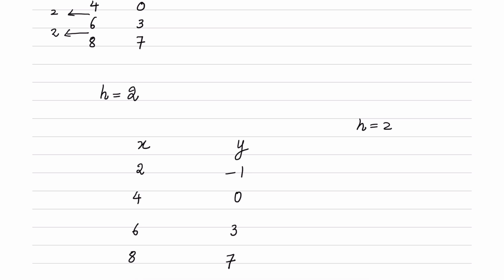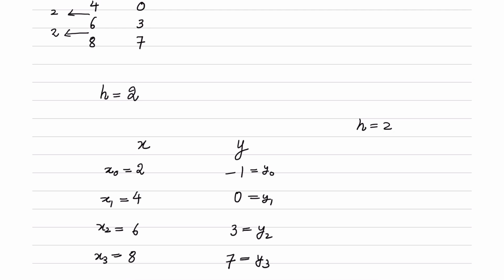Let's put the notations. So first x value will be called x0, next value will be called x1, next x2, next x3. And you know that this data is equally spaced. The corresponding y values are y0, y1, y2, y3.